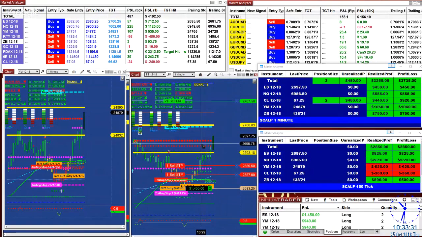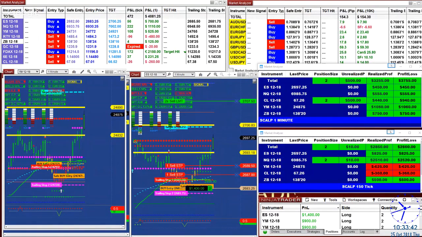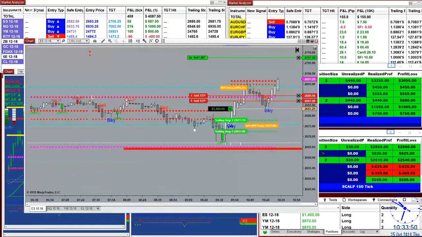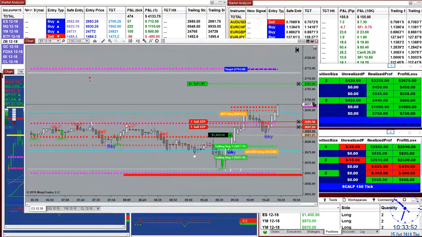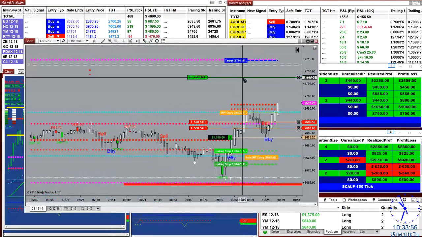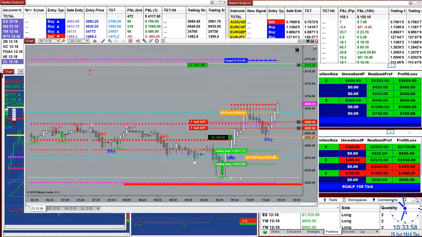You can see now we broke this ES, and we are about to hit the target, 725. And let me see. If you look at your 3 minutes chart, you have bingo right there.